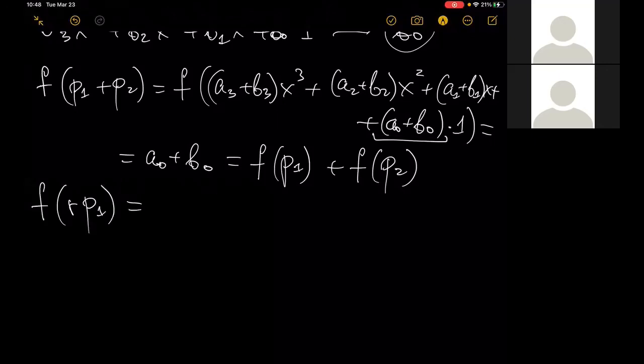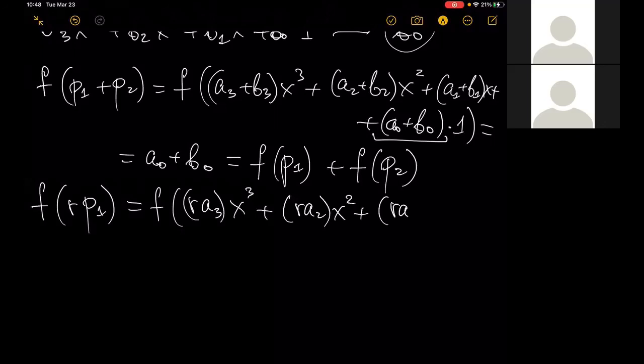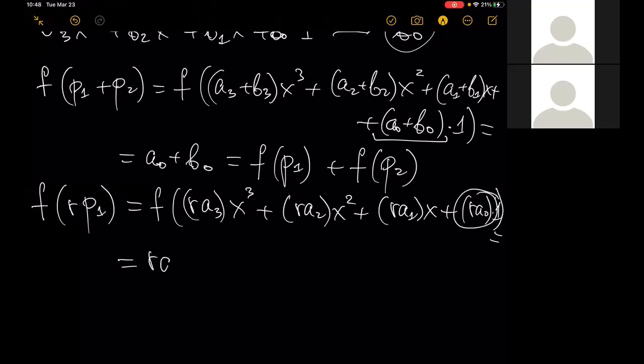Now all I need to show is preservation with respect to multiplication by the scalar. So it's Ra3 x cubed plus Ra2 x squared plus Ra1 x plus Ra0 times 1. Okay, the result of application of the function is this coefficient, right?